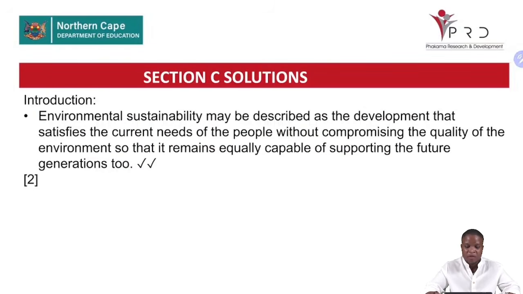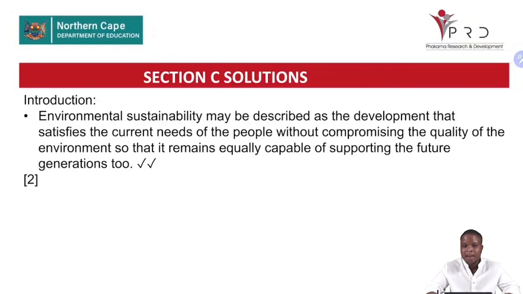Remember, it doesn't have to be exactly as it's written here. However, you may even raise your hand and ask your teacher if your introduction does make sense. Let's look at the introduction here. Environmental sustainability may be described as the development that satisfies the current needs of the people without compromising the quality of the environment, so that it remains equally capable of supporting future generations too.